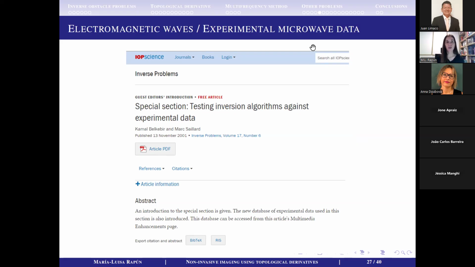To do so, we use a database which is very nice. It's open and is published in the journal Inverse Problems, and it is published precisely to give the opportunity to many different groups to test their favorite methods.